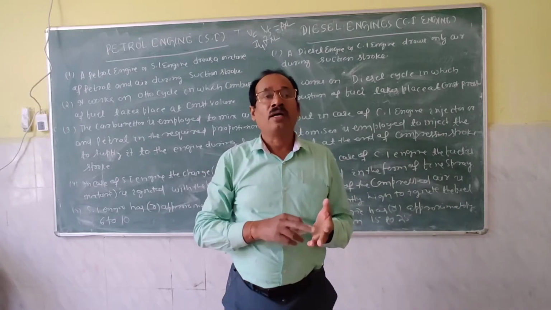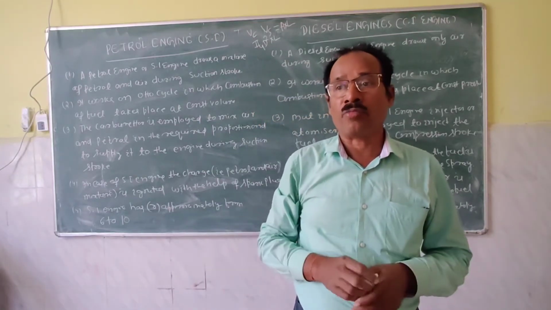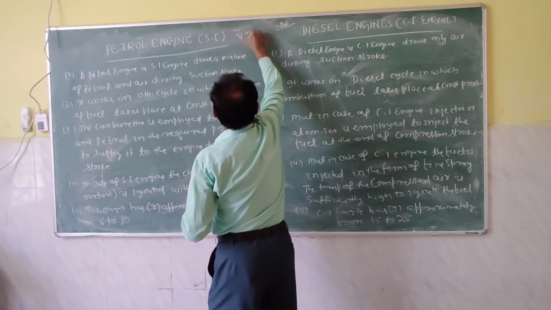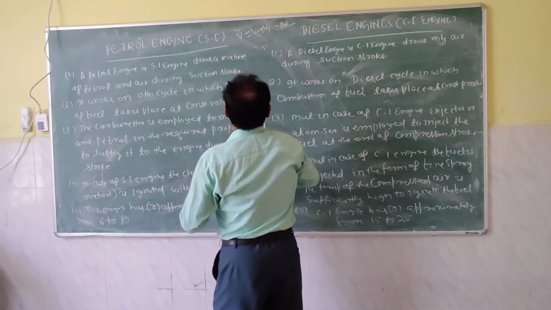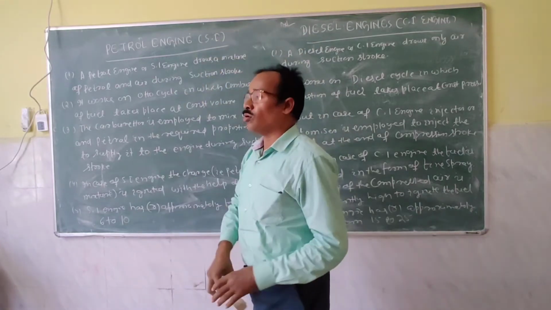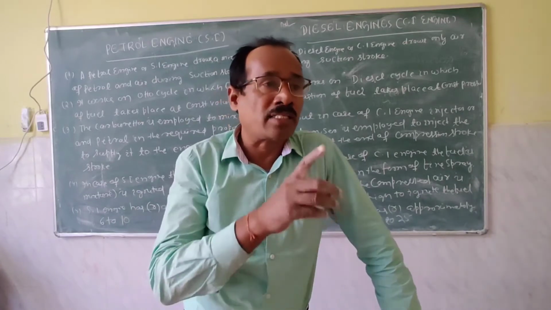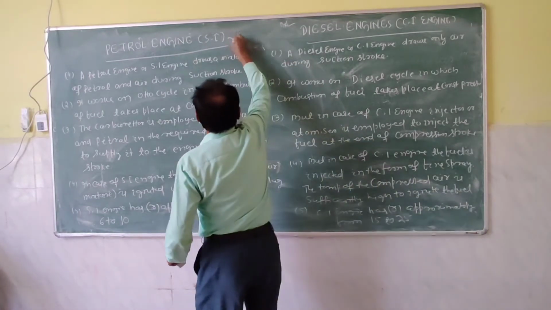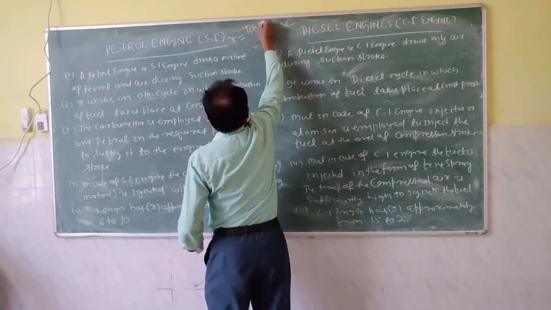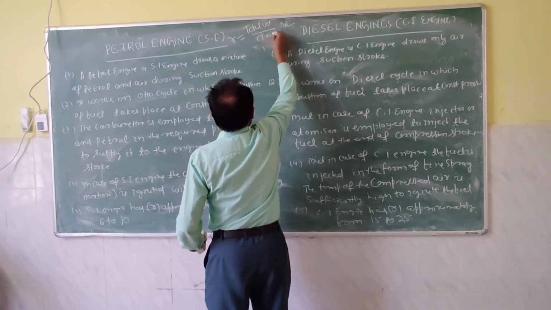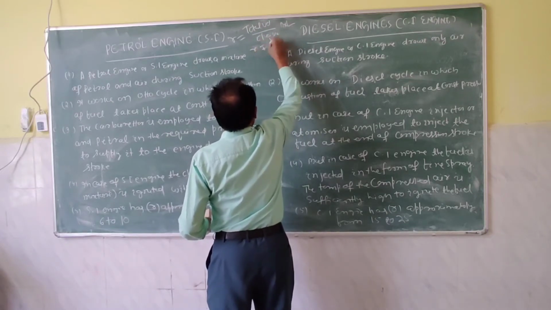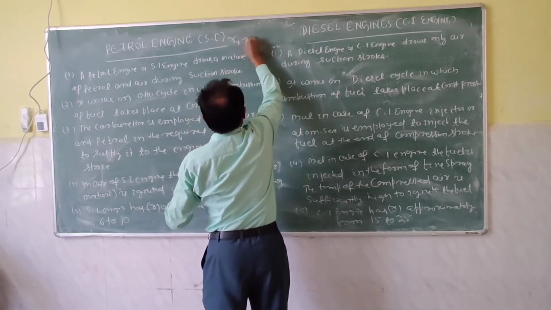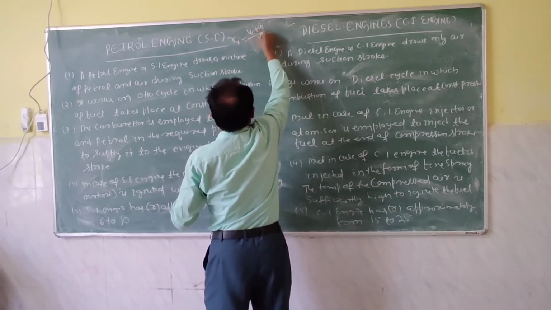It is the sum of clearance volume and swept volume. That means V is equal to Vc plus Vs. Then compression ratio. It is the ratio of total cylinder volume to the clearance volume, and it is denoted by small r. r is equal to total volume by clearance volume. That means r is equal to V by Vc, or r is equal to (Vc plus Vs) by Vc.